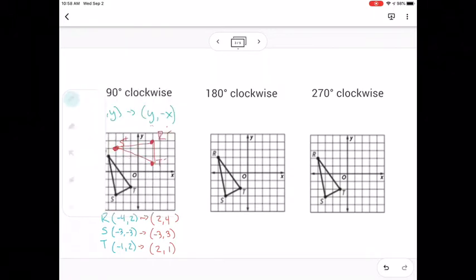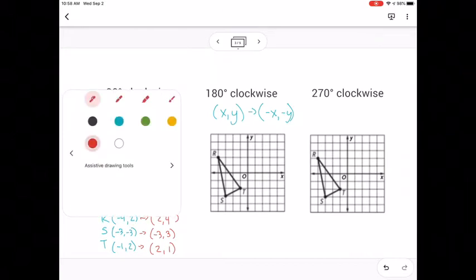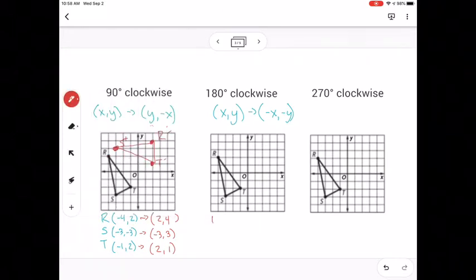For 180 clockwise, we will write our formula first. So we're going to do -x, -y. So we know where all our points are. -4, 2, -3, -3, and -1, 2.